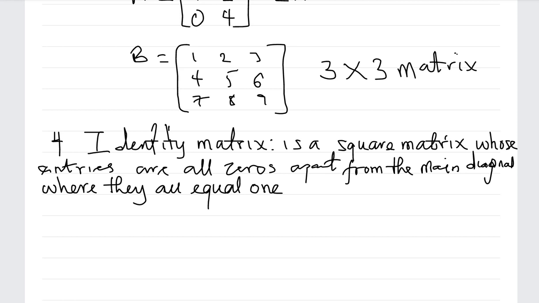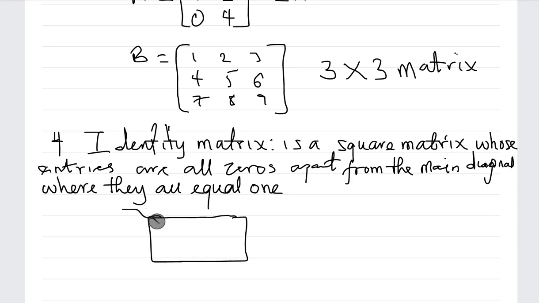Now let me explain this diagonal thing. Don't forget we said that a matrix is a rectangular array of numbers. All right. In a rectangle like this, a rectangle has 2 diagonals.